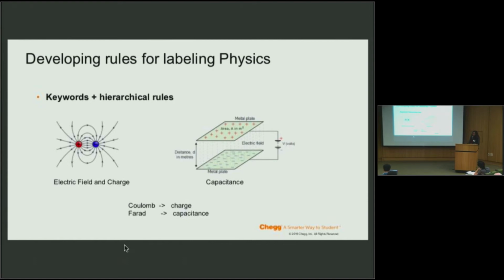So let's say, for example, my goal in doing this labeling is so that I can route the question to the correct expert. It's not necessary that an expert on electric field and charge is also an expert on capacitance, because if you look at the course path, capacitance is something that you learn after you've learned about charge.